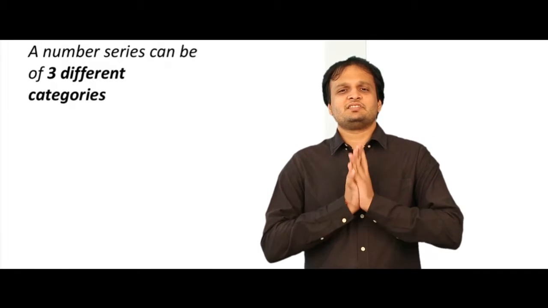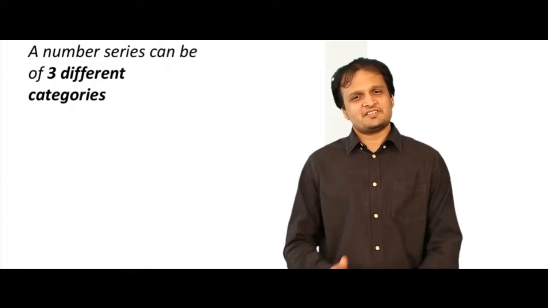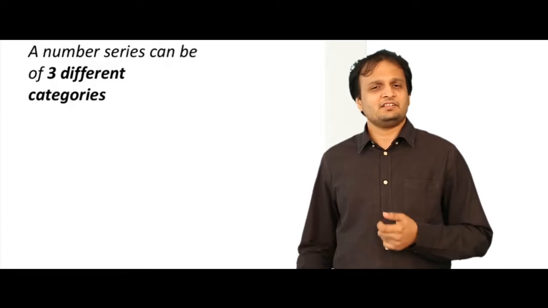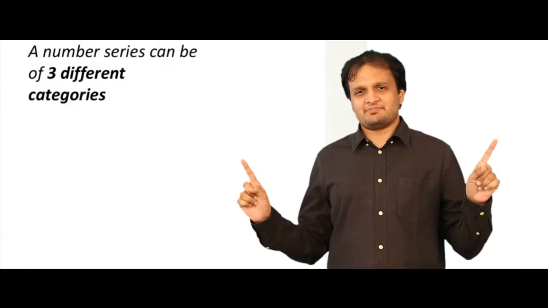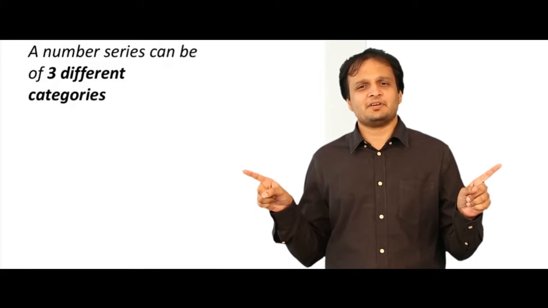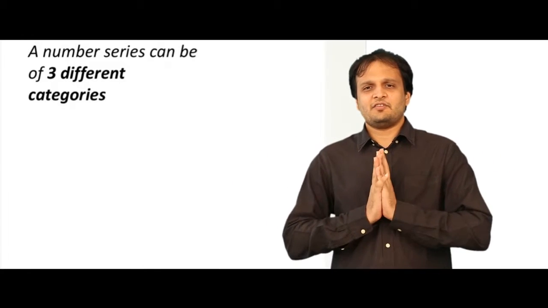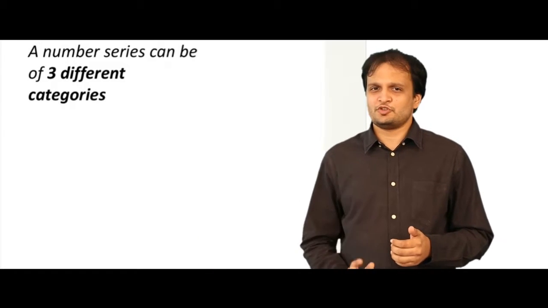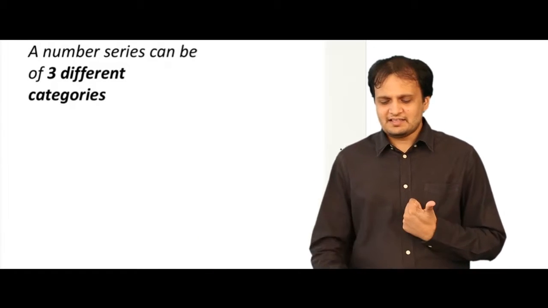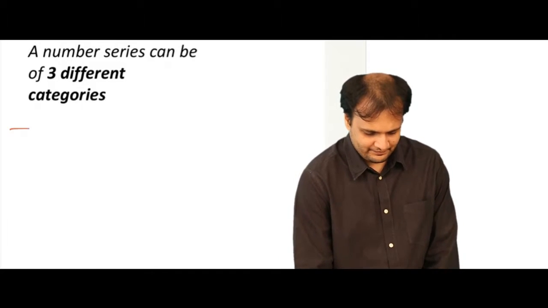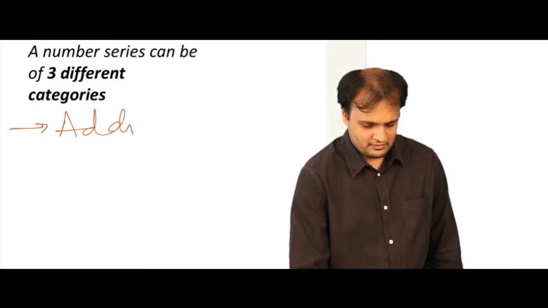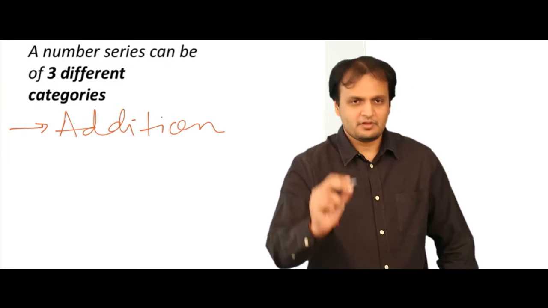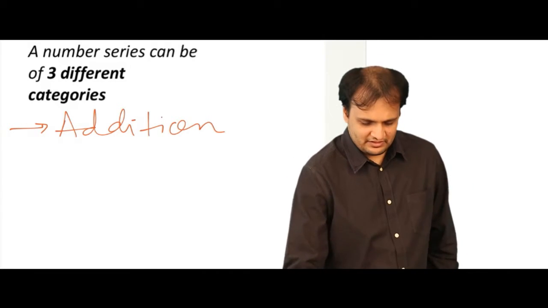Now we come to the three different categories of number series that can be asked to us, right? What have we done thus far? Two question types: find the missing number and find the wrong number in the series. But what are the different types of series that can be asked? What are these different categories that you should know? The first category is an addition kind of series, for addition or subtraction, right?